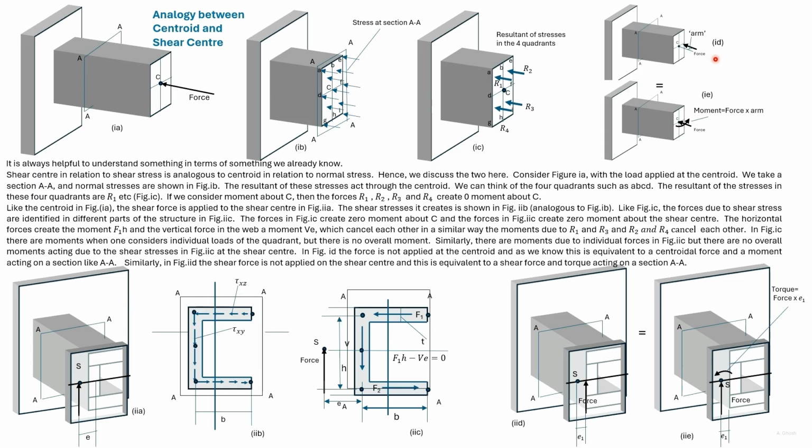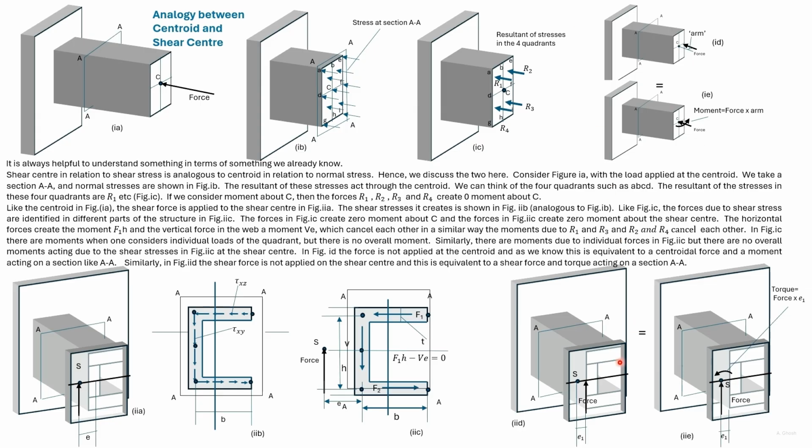Consider the case where this force is not applied at the centroid. Then this eccentric force can be represented by a force applied at the centroid and a moment. So section AA is subjected to stresses due to an axial force and a moment.